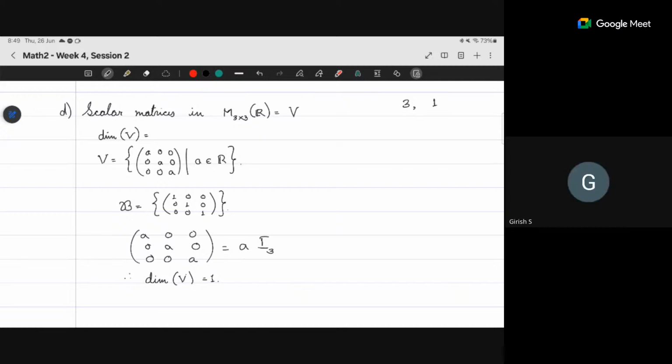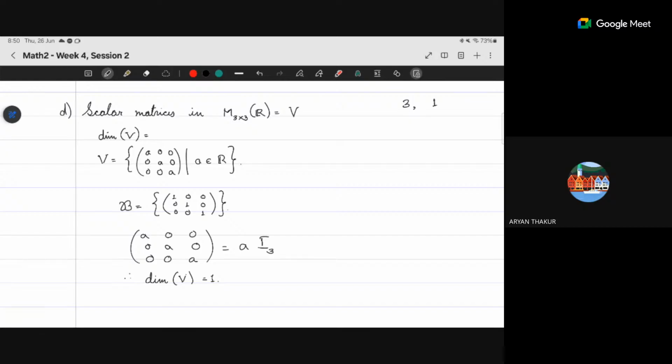1. Any other guesses? 3. Scalar matrix always the dimension is 1. Scalar matrix is defined only for diagonal square matrix, no? Yeah, take it n cross n. I'm saying it need not be 3.